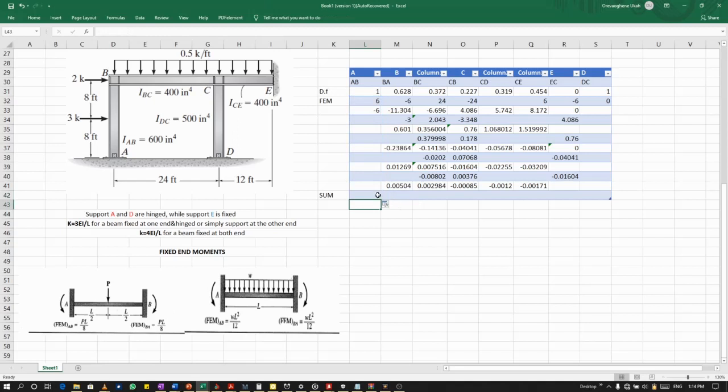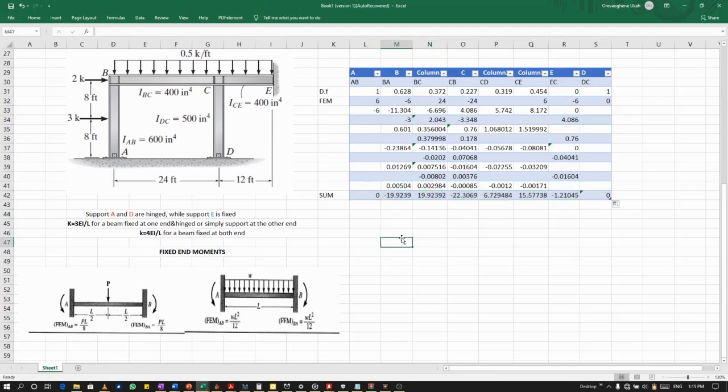Then you click this, come here, and drag. What this does is that the addition of the rows you have in column A will apply to what you have in B, C, D and E.